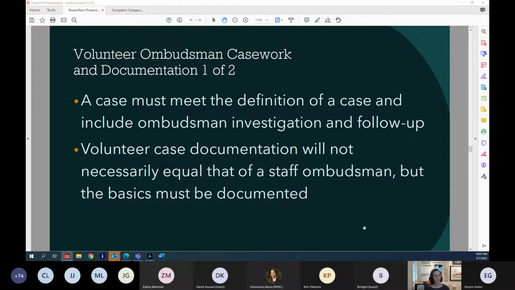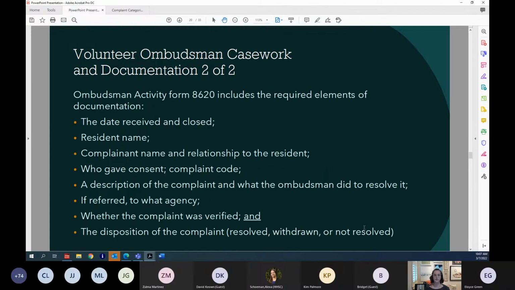But we know that if they're using the activity report each month, there's not a lot of space there, and so you may get a more summarized version of the complaint. But that activity record actually includes all the required elements of a case, and everything that I talked about today in our WellSky entries really can be captured from that form if it's completed.